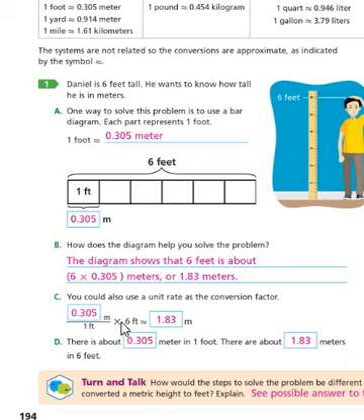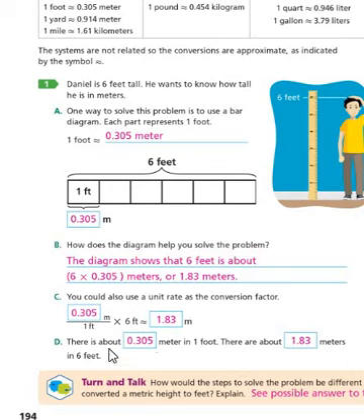Then I will multiply it by his height, which is 6 feet. As we said before, feet is crossed out with feet, and I will multiply 0.305 times 6, and the answer will be in which unit? In meters.